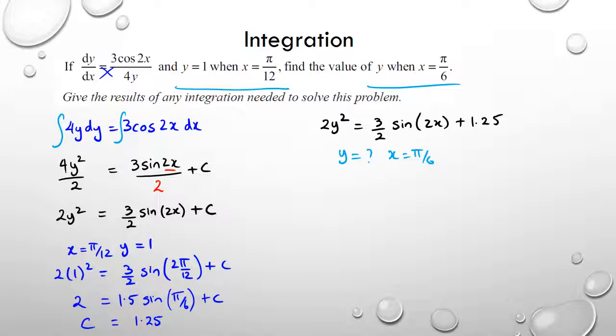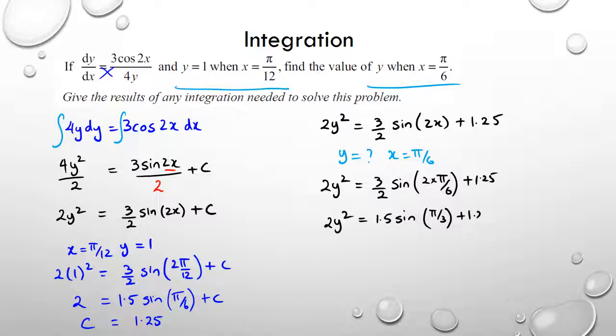So we have 2y squared equals 3 over 2 sine 2 times pi over 6 plus 1.25. So we can write this as 2y squared equals 1.5 sine, 2 times pi over 6 is pi over 3, plus 1.25.